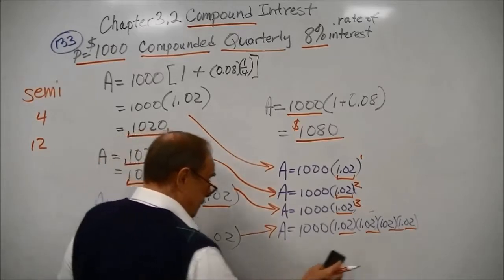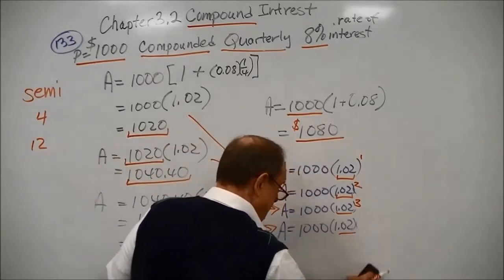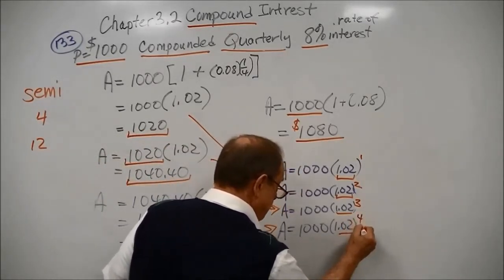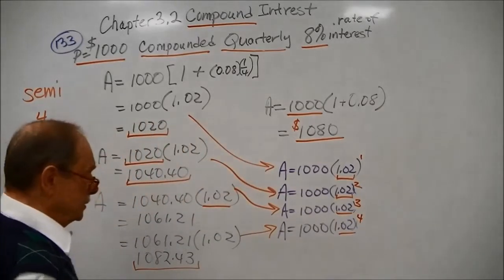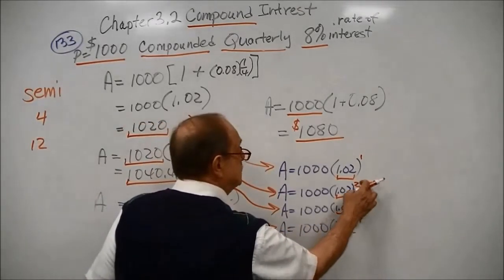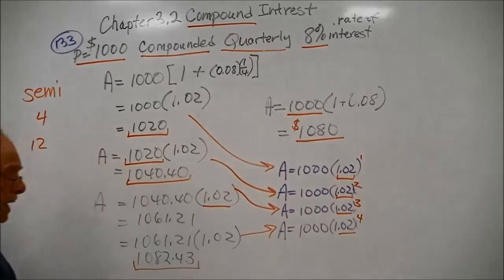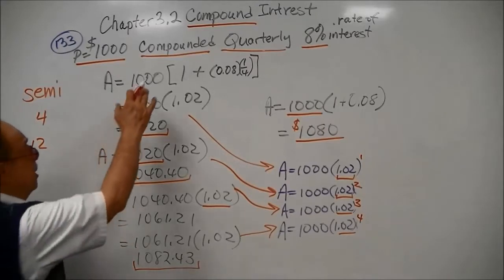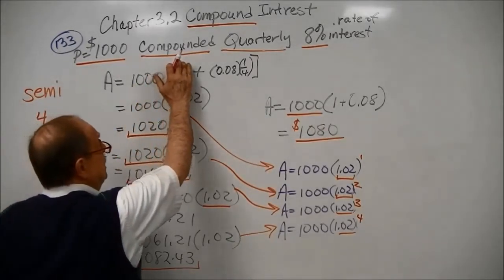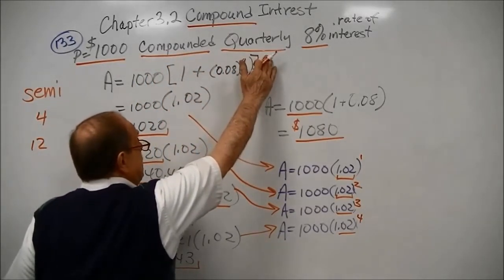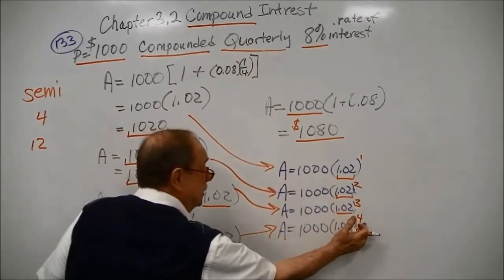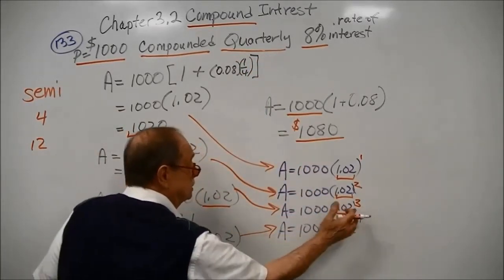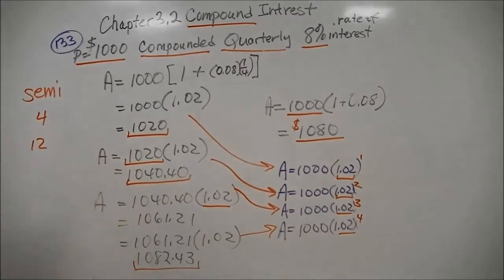And if it's used 4 times, we can erase that and put a 4 there. So what do these numbers, in a sense, reflect? Well, they reflect the number of times you are going to compound something. So if it's quarterly, we can just put a 4 there. Okay, that's what it's showing.